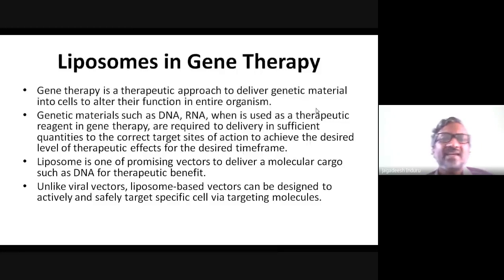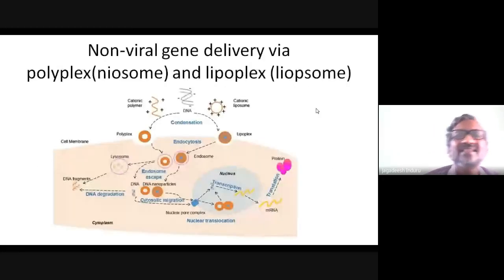So if you see here, this is non-viral gene delivery by non-viral molecules like polyplexes and lipoplexes. These are all complex polysaccharides or complex polymers. They group together. So we are generally naming them neosomes and liposomes.